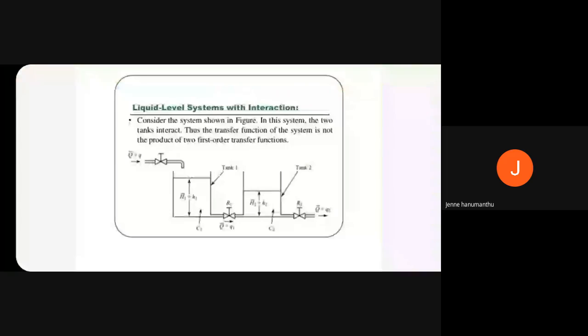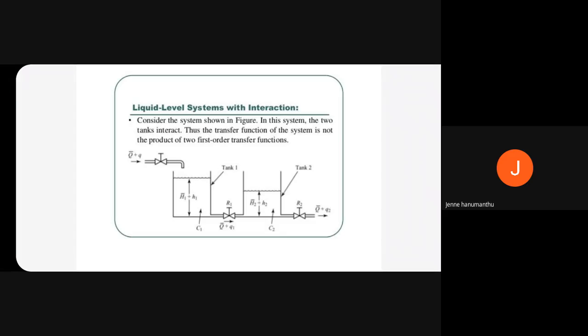So the water level in tank 2 depends on the water level in tank 1. So that is called an interaction system.